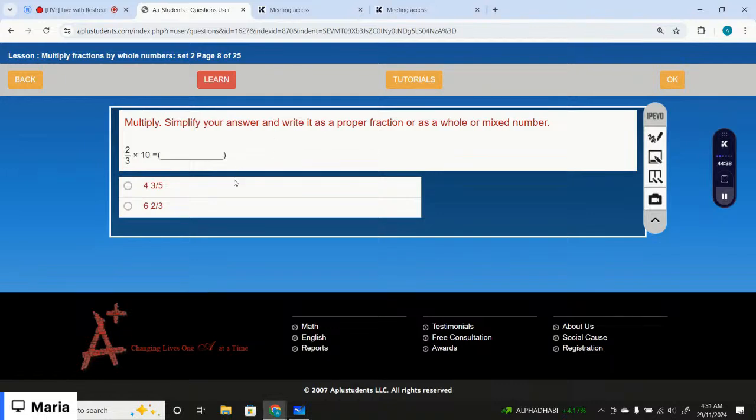That is 6 whole 2 by 3. Option number 2 is the correct option. Okay, you can complete the lesson by yourself later today. Let's just move on to the next lesson.